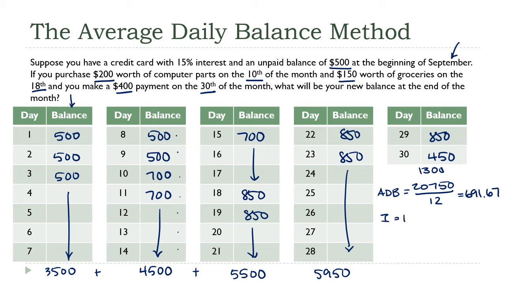All right, now to calculate my interest, I'm going to use the simple interest formula. Interest equals principal times rate times time, and I'm going to use this average daily balance as the principal. 691.67 times 0.15, that's the interest rate. Now, the time: I know the month, it's September, and there's 30 days in September, that 1 month was 30/365ths of the year.